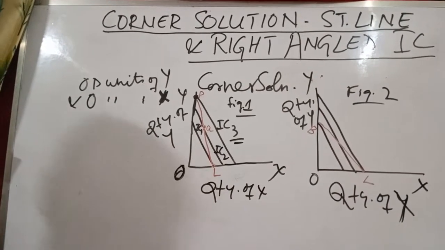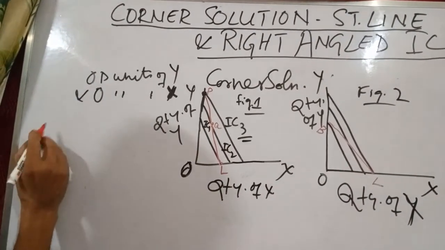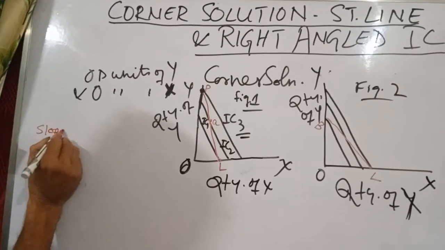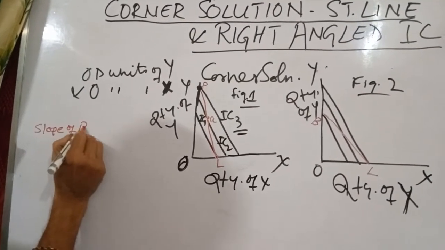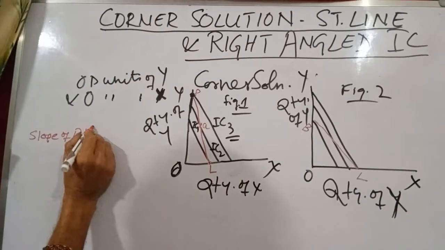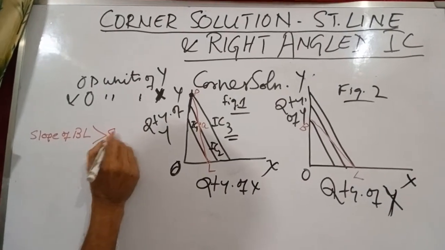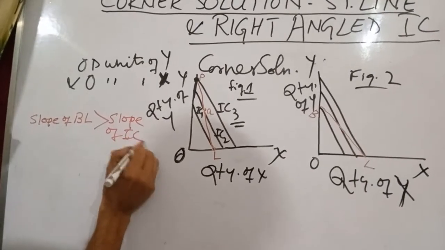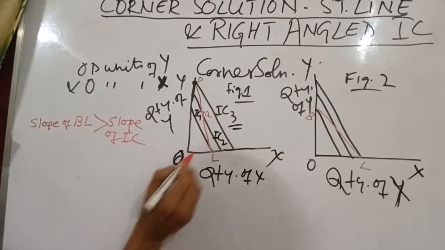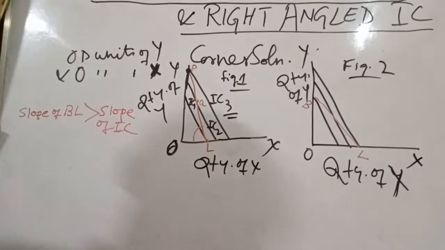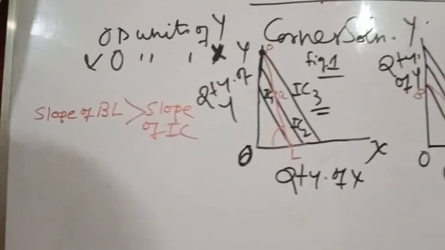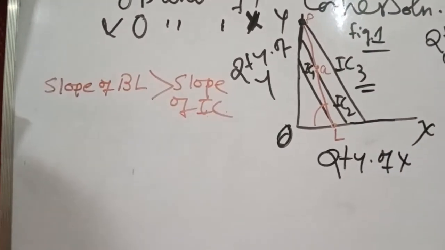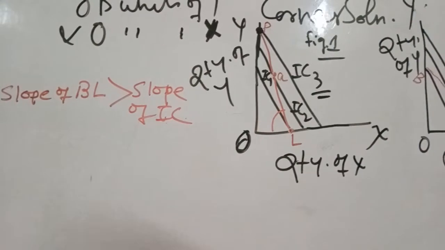Now consider the slopes of the budget line and the indifference curve. Here you see the slope of the budget line is more than the slope of IC. This is the slope of the budget line, right?